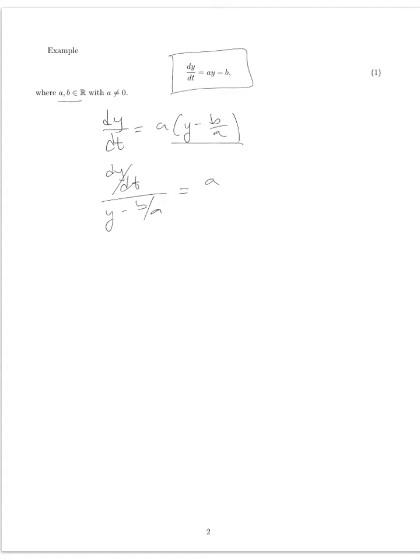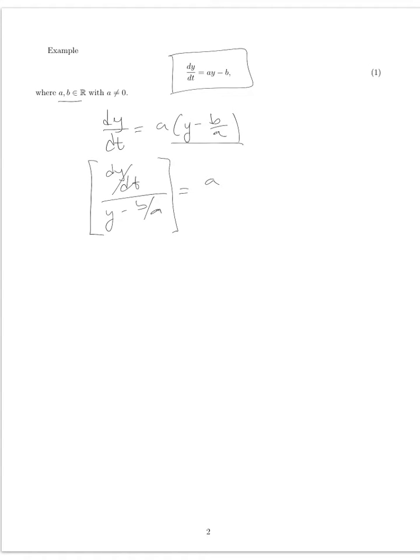So the key here is I want to be able to apply the fundamental theorem of calculus. Now I can't do it in the current form, but the goal is going to be to really undo the chain rule.